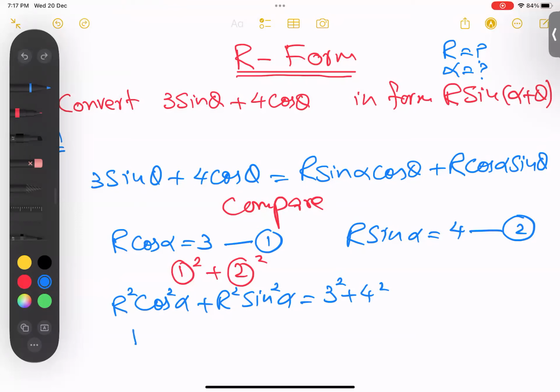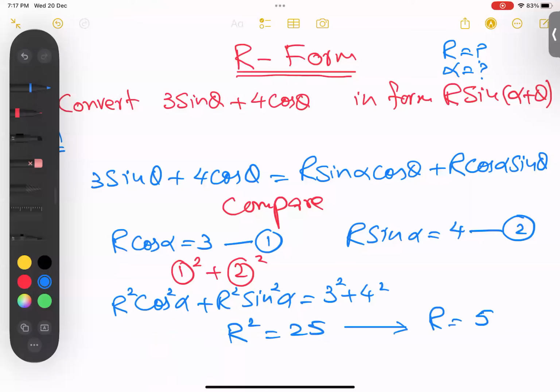When I take R square common out, what is left in the bracket? Cos square alpha and sine square alpha, which is equal to 1. Next time I will write directly R square, because it is understood that this plus this is 1. And here I get 9 plus 16, which is 25. Take the root and I get R equal to positive and negative 5.